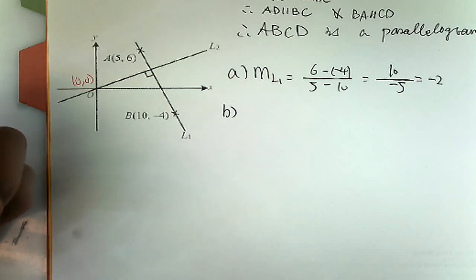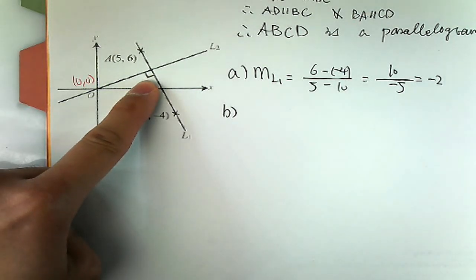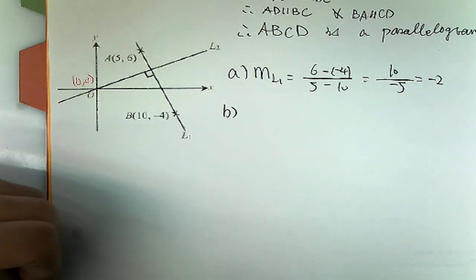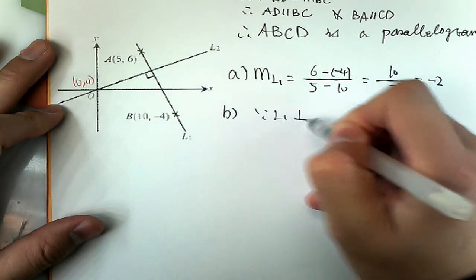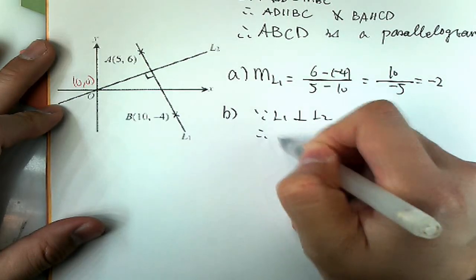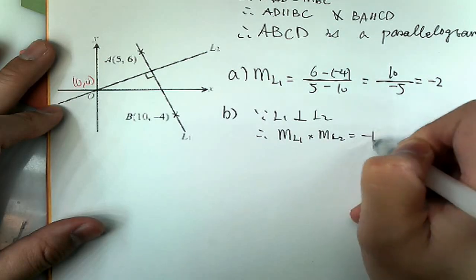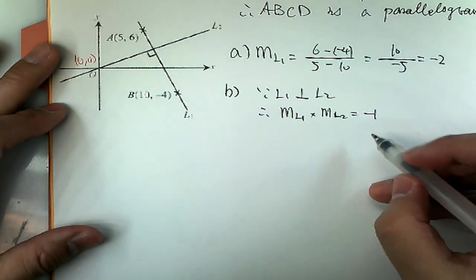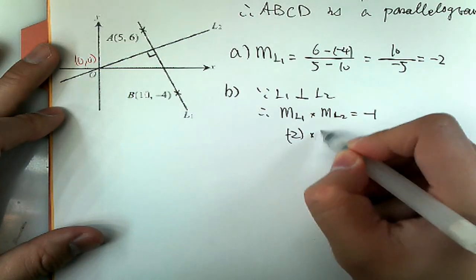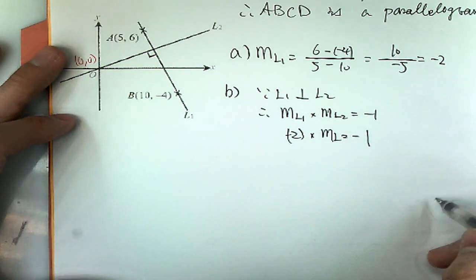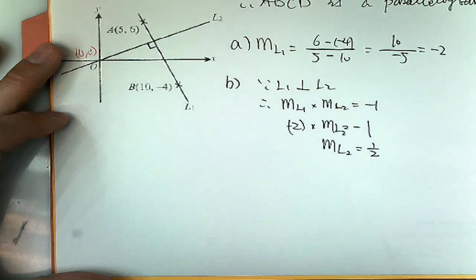You can find the slope of L2 because you already know they are perpendicular. So because L1 is perpendicular to L2, ML1 times ML2 equals -1, right? You already have ML1 to be -2, so calculate ML2 first, which equals 1 over 2.